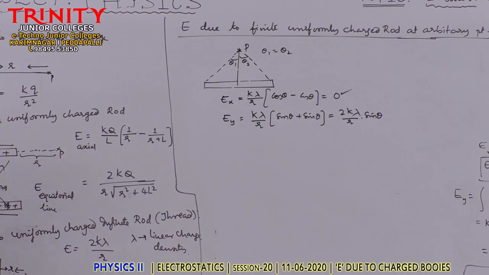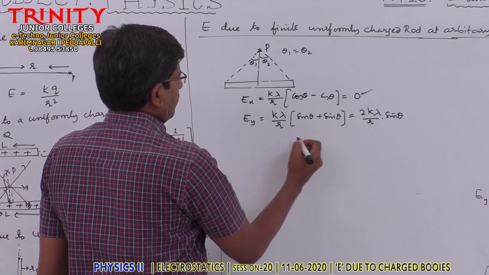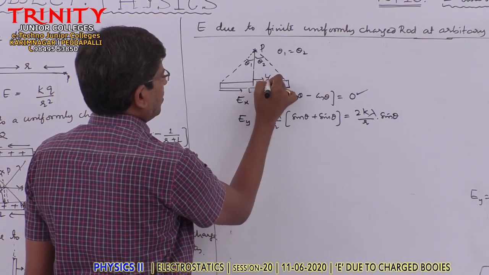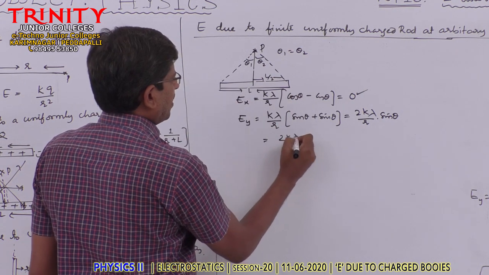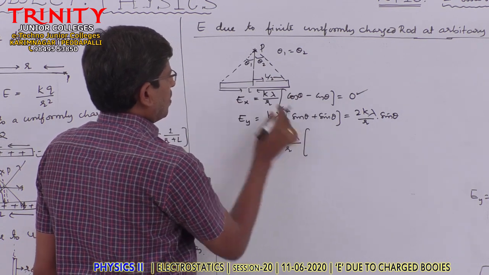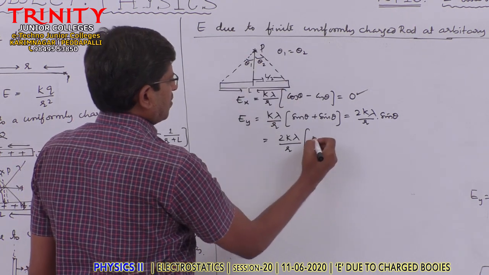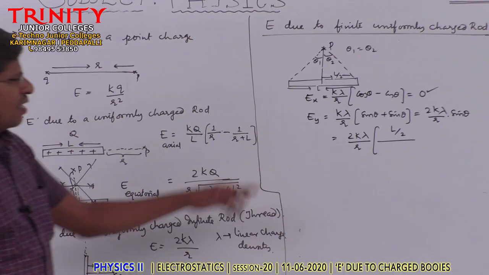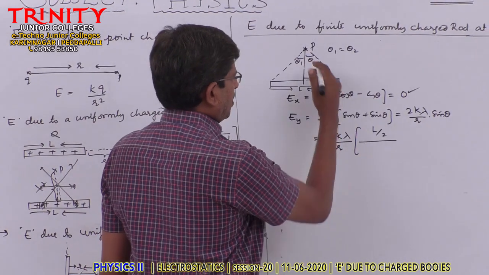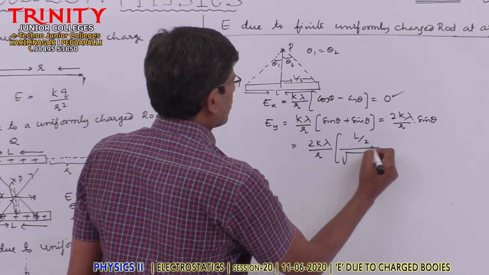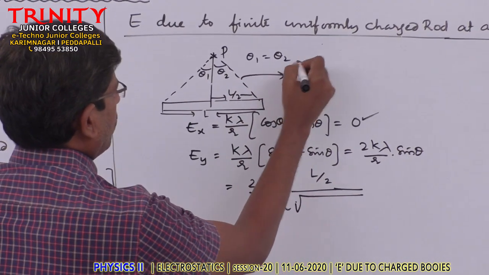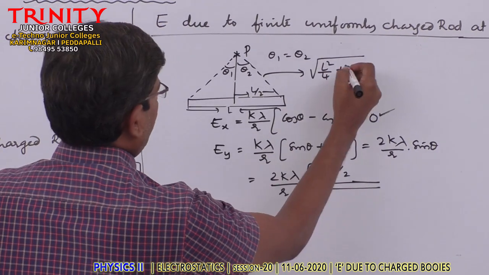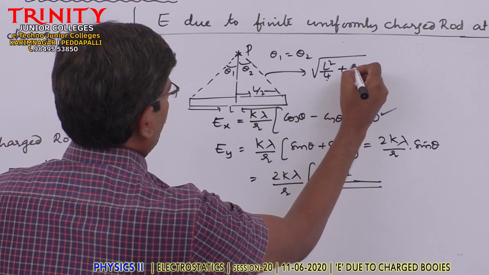Now for sin theta, in this case the total length was L and this is L by 2. So sin theta can be written as L by 2, opposite, divided by the hypotenuse, that is the square root of L square by 4 plus r square.